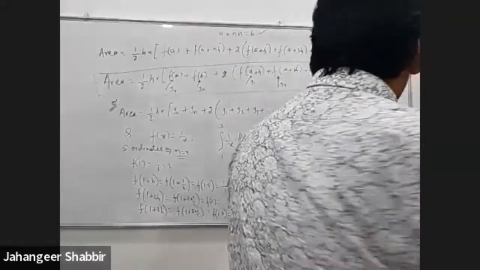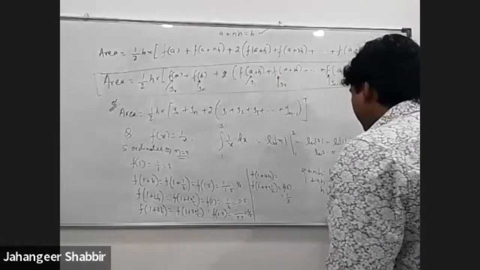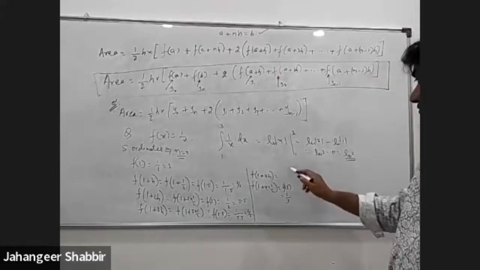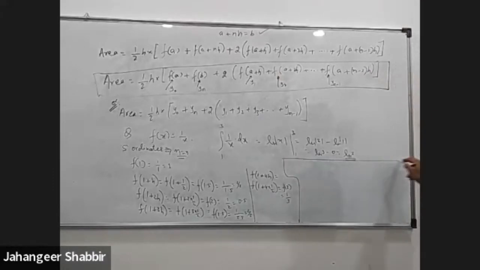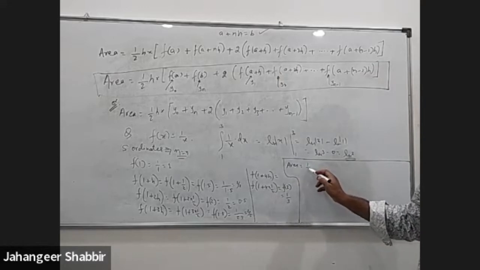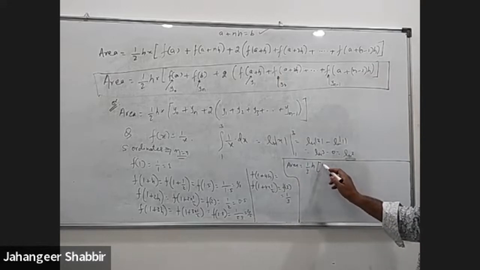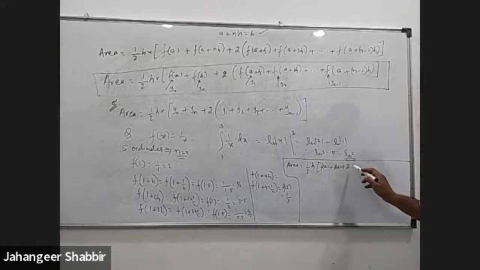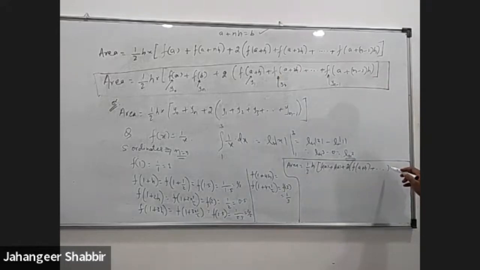Now I can erase this part. Now, guys, I will apply the area formula of the trapezium rule. Area is 1 over 2 times h times f of a plus f of b plus twice of f of a plus h, and at last it will be f of a plus n minus 1 h.